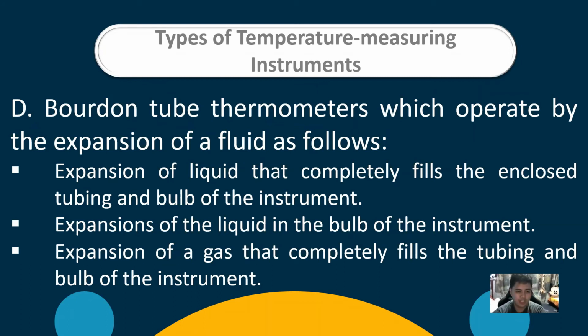Okay, next. Types of temperature measuring instruments. Letter D, Bourdon tube thermometers, which operate by the expansion of a fluid as follows. So ito yung mga parang specs niya, yung mga features niya, kumbaga. Expansion of liquid that completely fills the enclosed tubing and valve of the instrument. Expansions of the liquid in the valve of the instrument. Expansion of gas that completely fills the tubing and valves of the instrument.